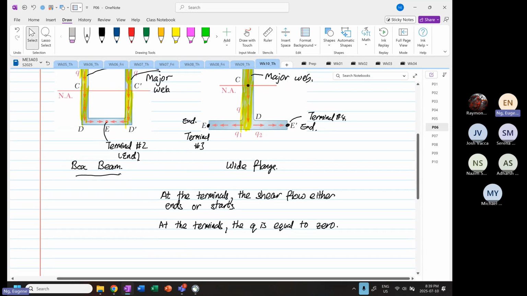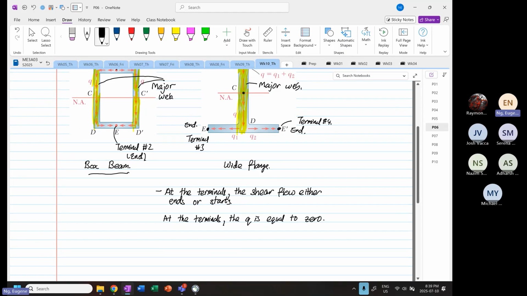Another thing that you see is that the major web is continuous from the top to bottom of the structure. It's continuous. It cannot have any breaks at all.